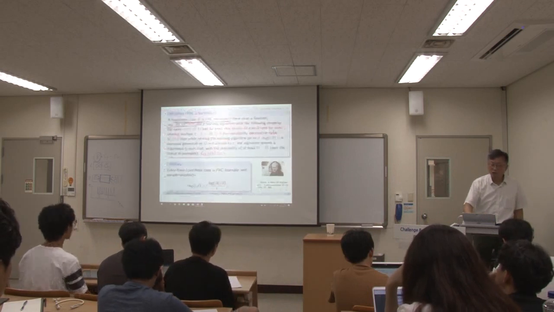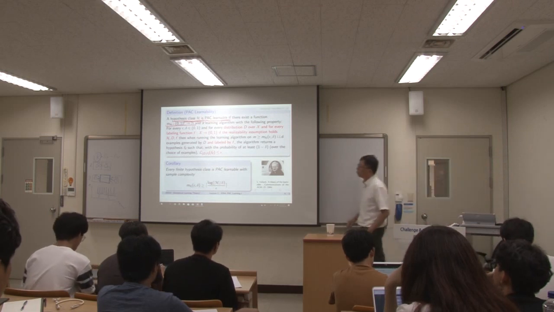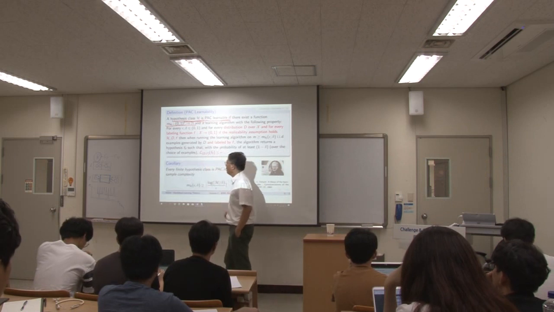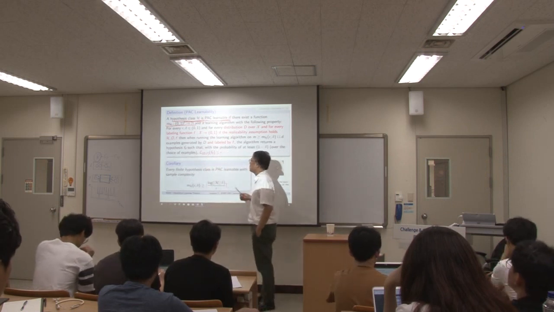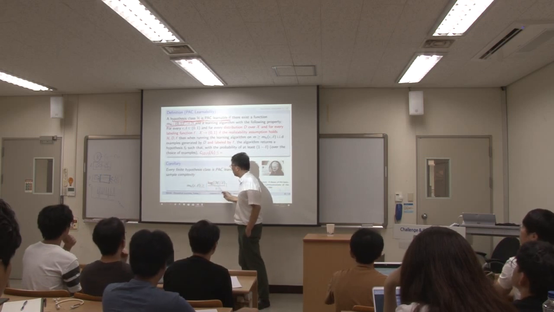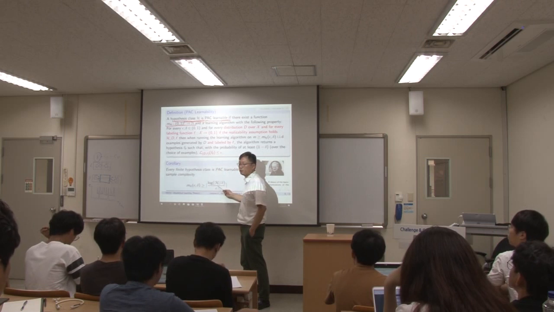It's long, but here, every finite hypothesis class is PAC learnable. This is the case that we considered. The M_H was this. This is what we derived.